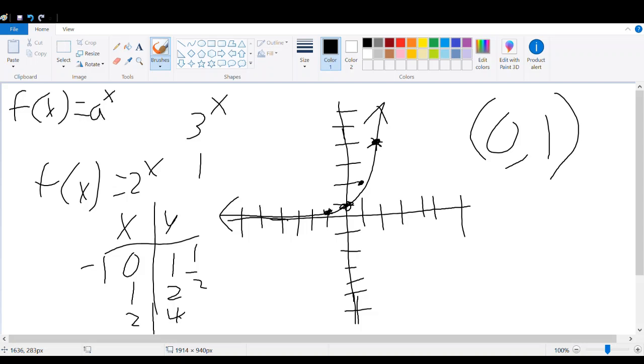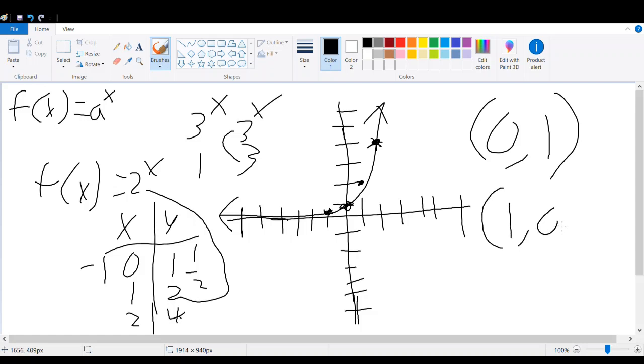And then the other point, 1, 2, if we did 3 to the x, 3 to the 1 is 3. If you notice, the 3's are the same, and right here the 2's are the same. So that'll always be 1, a, because a is our base.